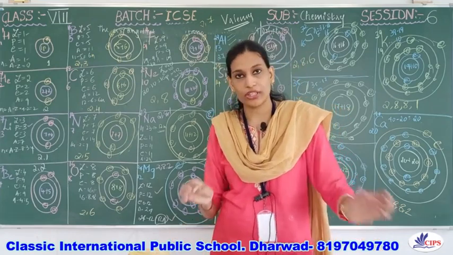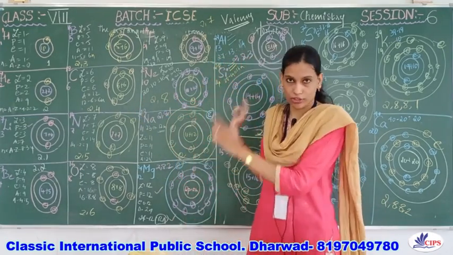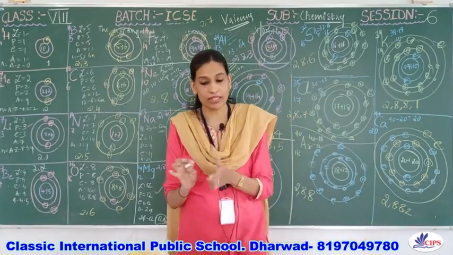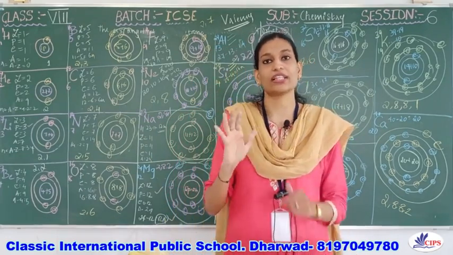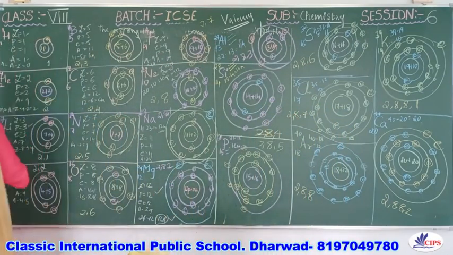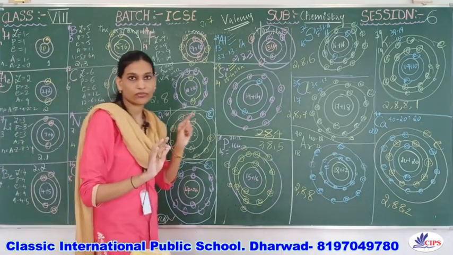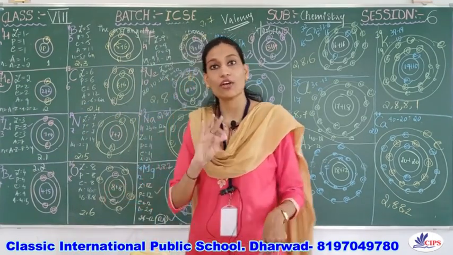The first thing you need to understand here: among these 20 elements, there are some elements which have completely filled shells. Like what? Like helium. Helium has its shell full.